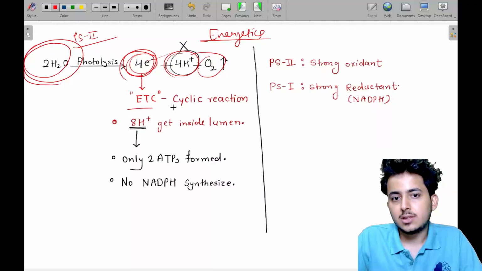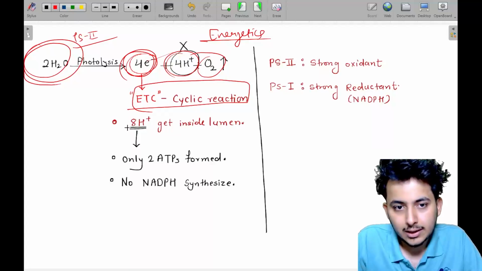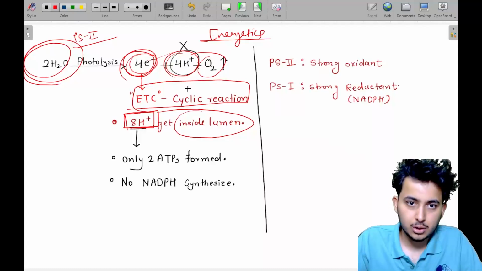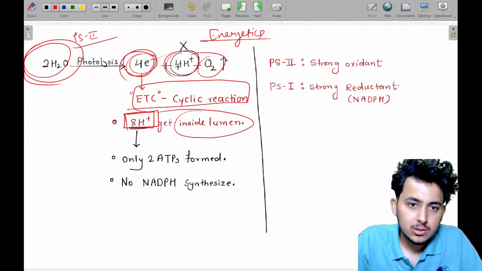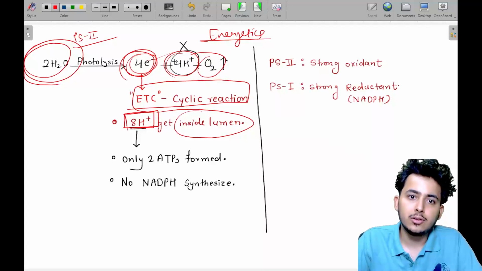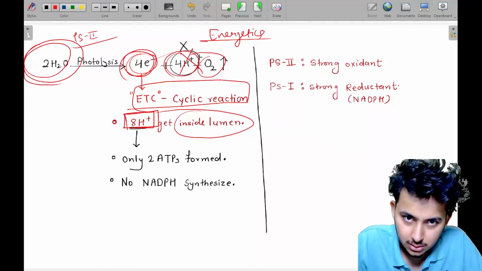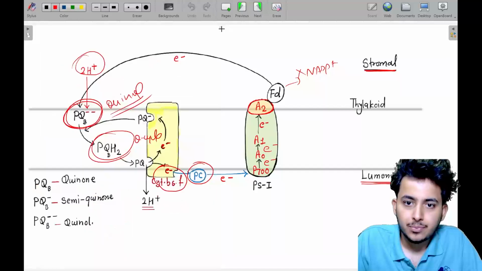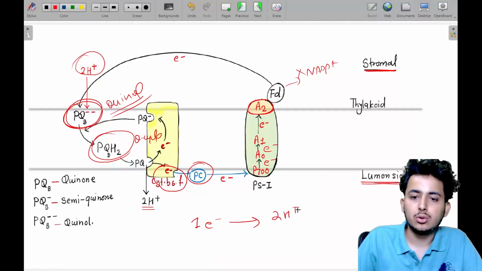But in the case of the cyclic reaction, you are not getting photolysis of water, so those protons get cancelled. They are not there. Only thing you have to consider is that one electron moving leads to pumping 2 protons into the lumen.